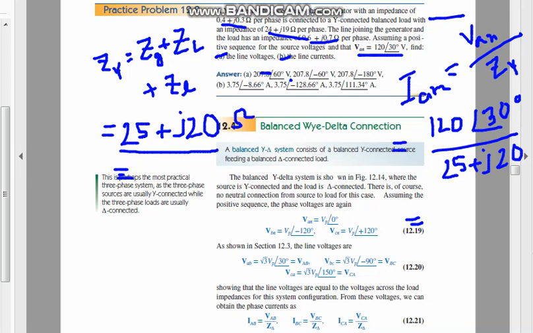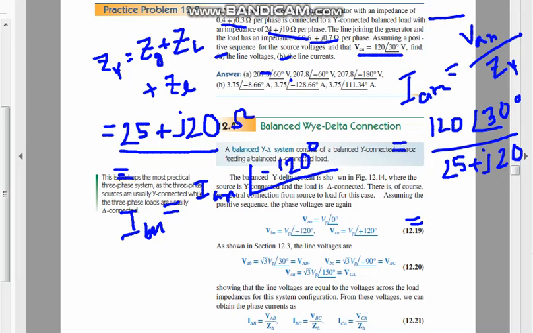After getting the first line current, it is much easier to calculate the other line currents. As it is positive sequence, IBN will be IAN with the angle minus 120.